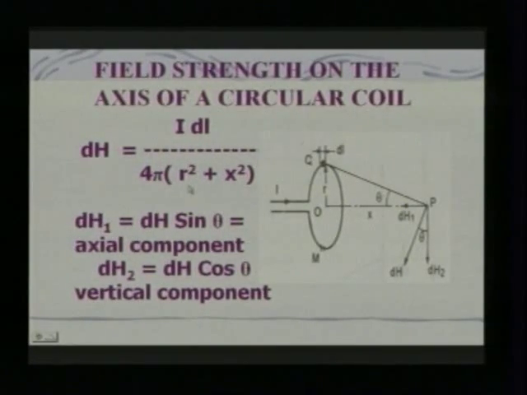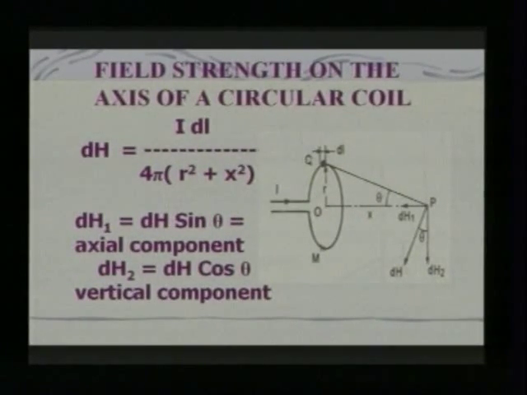Here r square plus x square is the distance between the differential element dl and the point P at which field strength is to be derived. Here the direction of dH, that is field strength at point P, is at right angles to the line PQ.